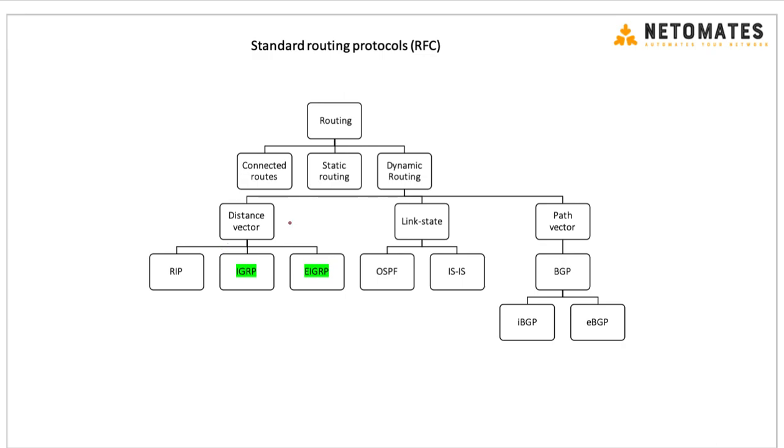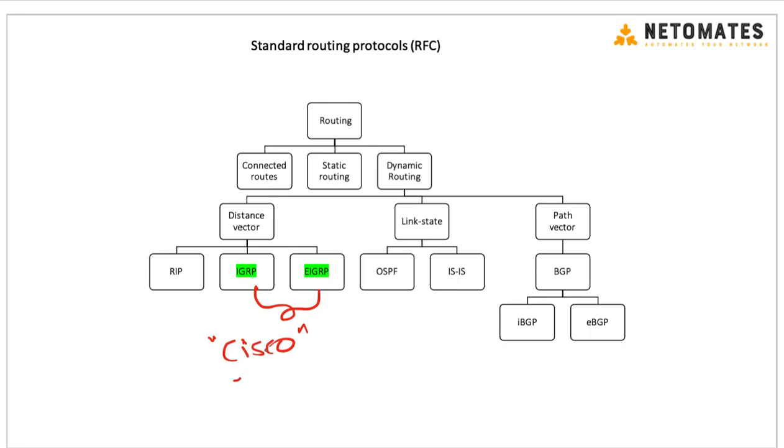We know that most networking concepts are standards, which means any network device has to follow those standards. In all of these dynamic routing protocols, these two are proprietary, meaning they will only work on specific vendor equipment. These two will only work on Cisco equipment.